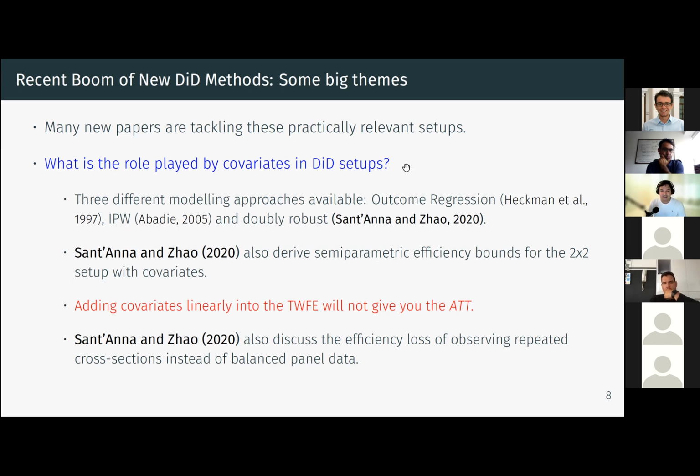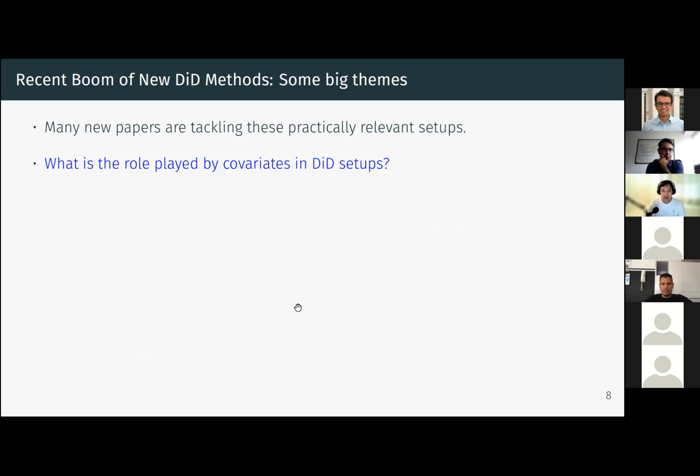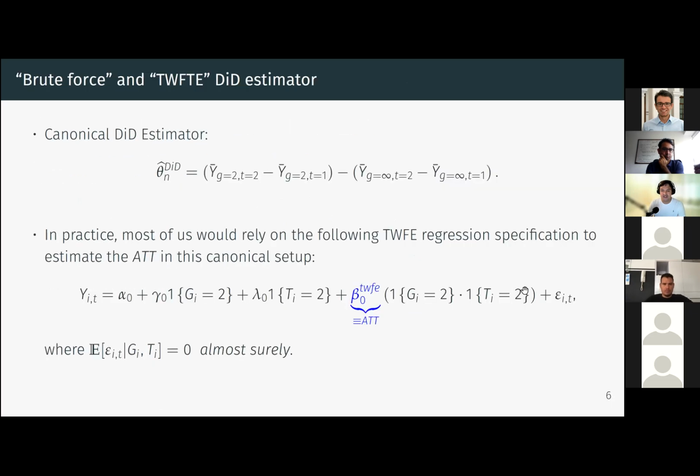But I think the main message of this paper, Sant'Anna and Zhao, or SZ, is that adding covariates linearly in your two-way fixed effects regression is problematic. So I have this regression here. I add a vector x prime beta here, or x prime gamma, let's say, or x prime theta, whatever you want to call it. What that paper shows is that this beta here is not going to be an ATT anymore.